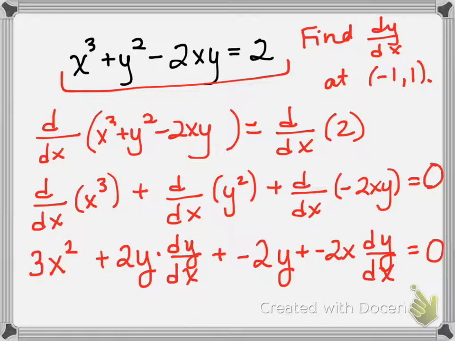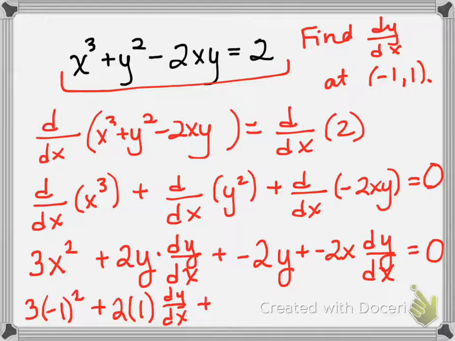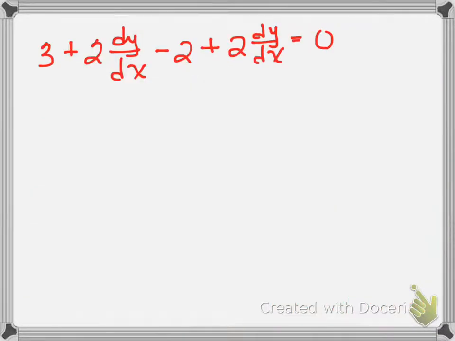Let's do that right now. So we get 3 times negative 1 squared plus 2 times 1 dy over dx plus negative 2 times 1 plus negative 2 times negative 1 dy dx equals 0. We've got some simplification to do, so on the next slide I'm just going to go ahead and do the simplification.